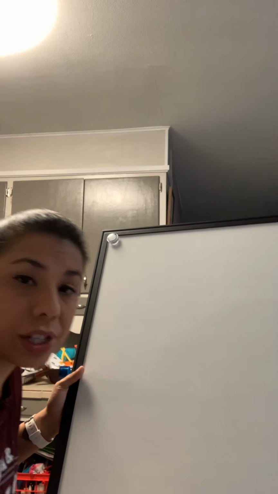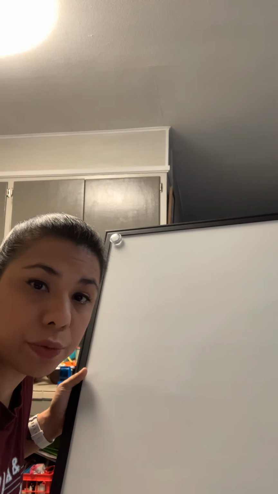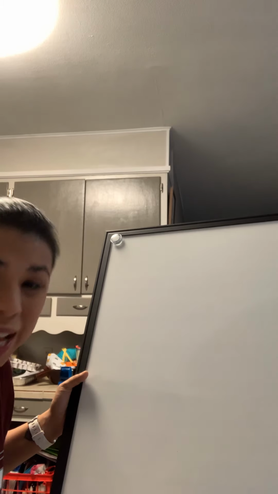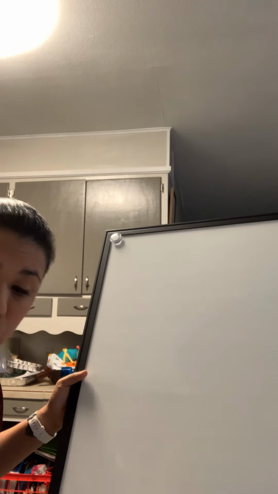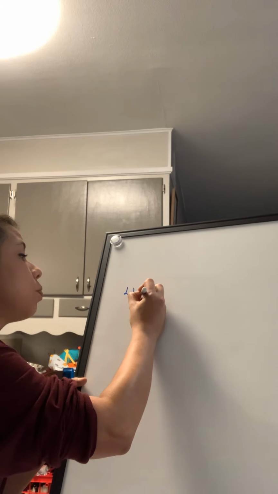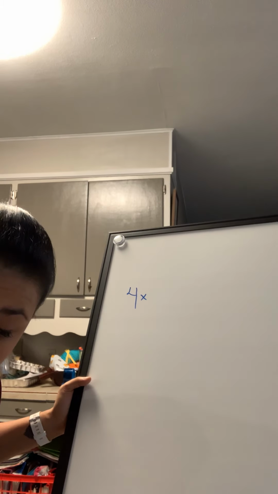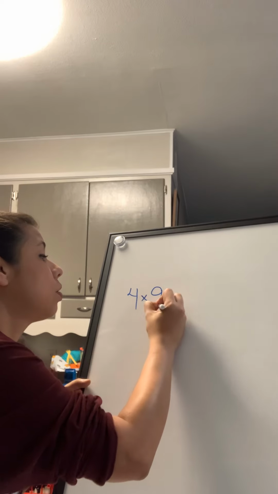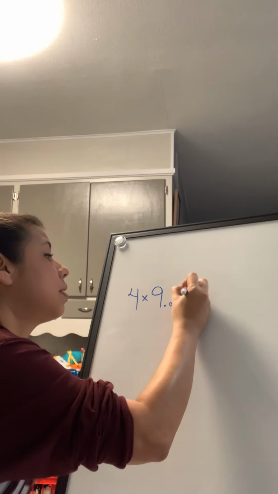So what I would do is I would create my equation. The reason we want to create our equation is so we don't forget a part of the problem. And especially this one doesn't have answer choices. So you're going to want to have 4 large shirts. Well, how much would each large shirt cost? Well, we had $9.25.